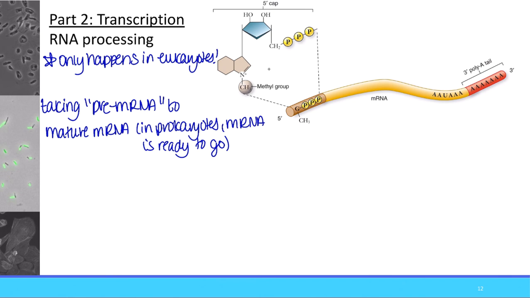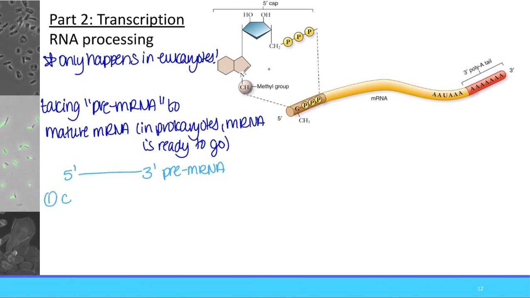So in eukaryotes, when we make mRNA, it's actually technically called pre-mRNA. So it's not a mature form of messenger RNA yet. There's a couple things that we have to do to get it to the mature form. So the first thing that we're going to do is we're going to take this 5' to 3' pre-mRNA, if you will, so immature mRNA.